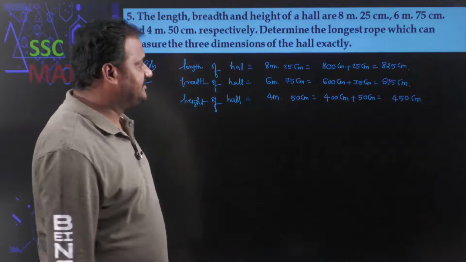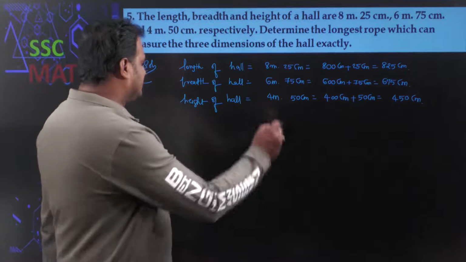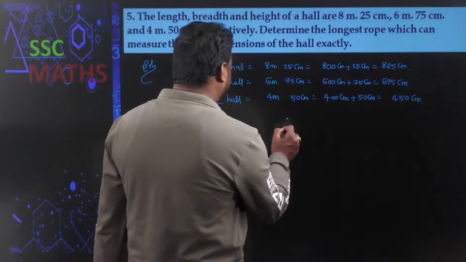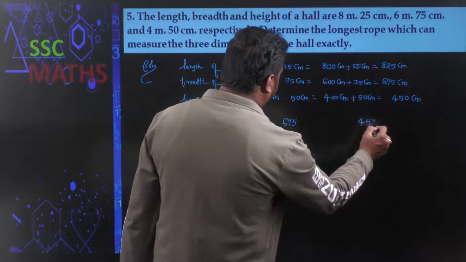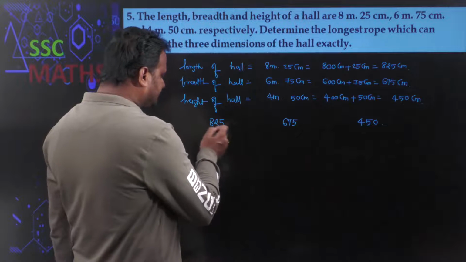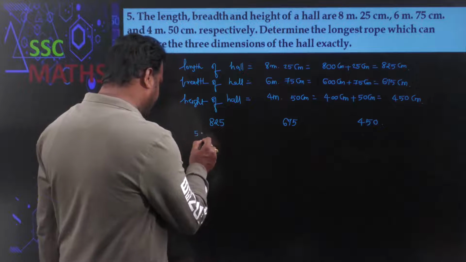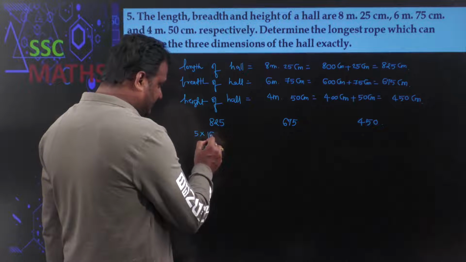I am going to find the HCF of those three numbers by the prime factorization method. The first number is 825, the second number is 675 and the third number is 450. First of all, I would like to factorize 825 by 5. 5 ones are 5, 5 fives are 25, 5 sixes are 30.